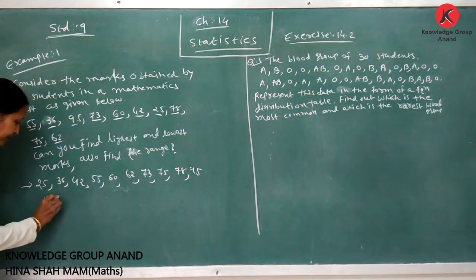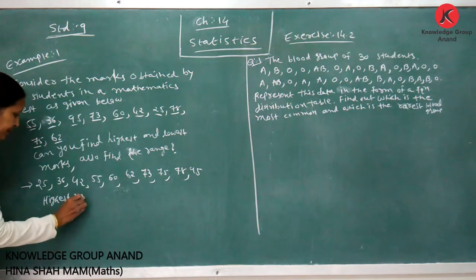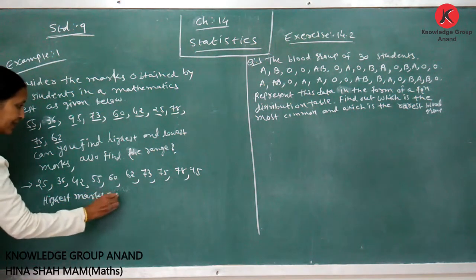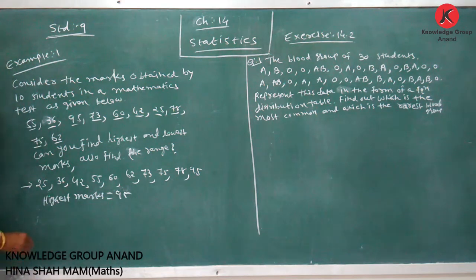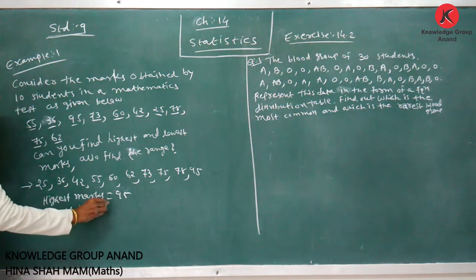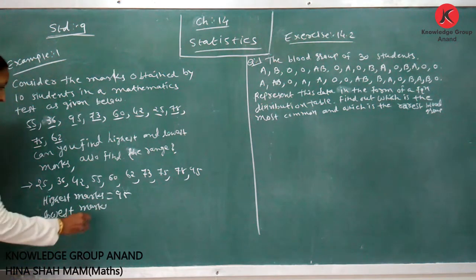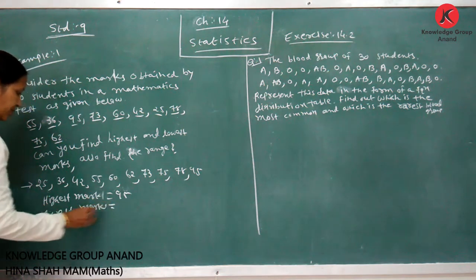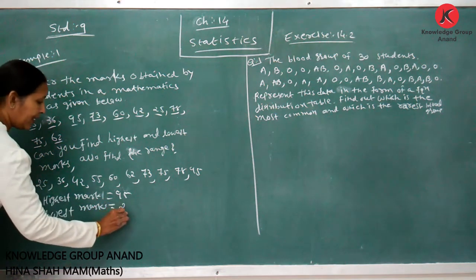Highest marks is equal to 95. Lowest marks is equal to 25.